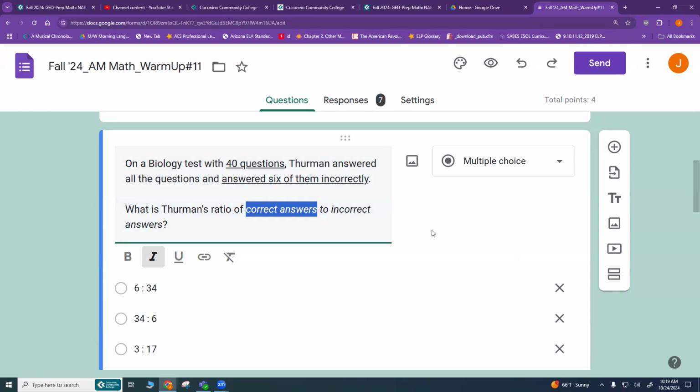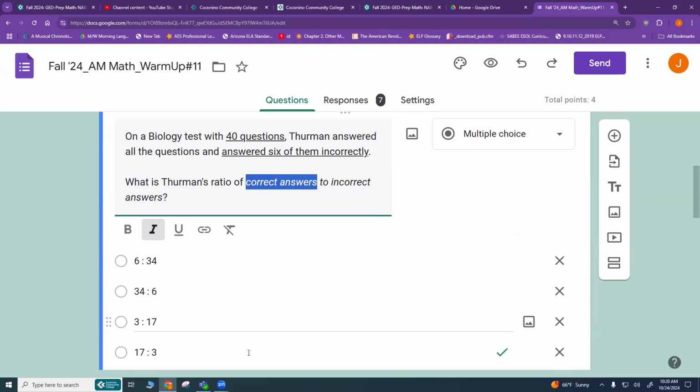No. Incorrect. 6. Good. So no, it's indirect, right? We only know that there's 6 incorrect, but since we know how many total questions are on the test, when we subtract 40 minus 6, we know that 34 were correct and 6 were incorrect. Okay, so that's the order that we need to put our values in to create this ratio.